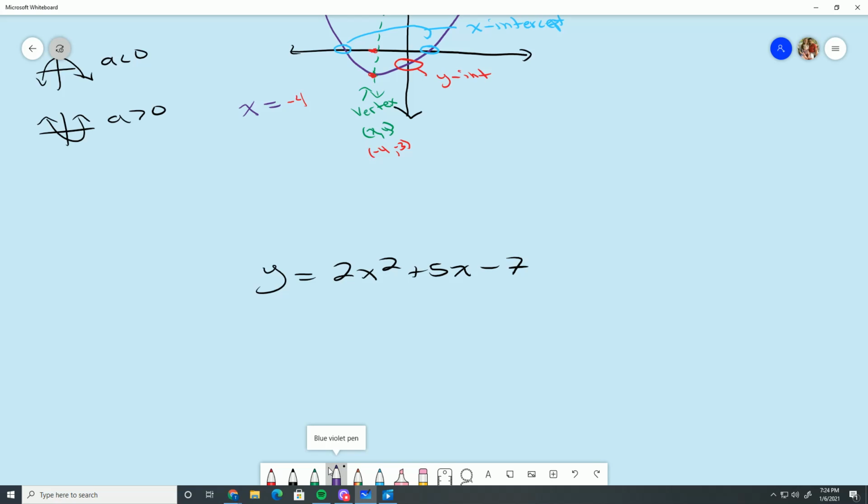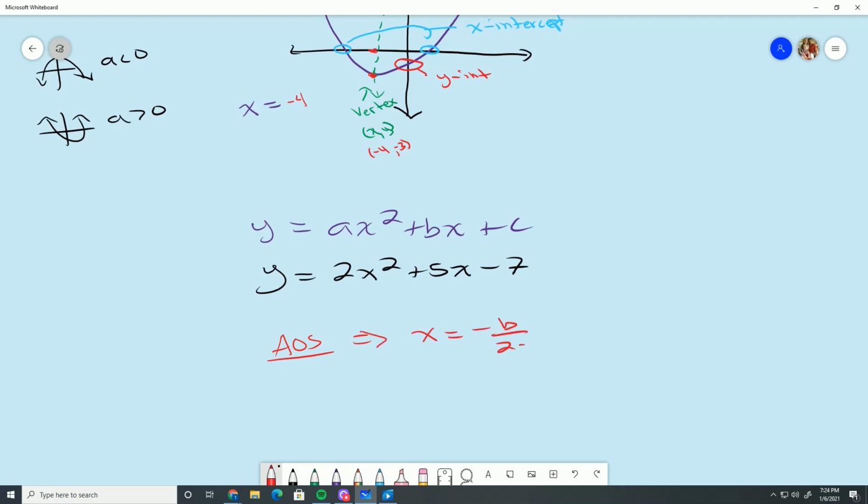In other words, standard form is y equals ax squared plus bx plus c. So if I ask you, for example, to find the axis of symmetry of what's written in black here, y equals 2x squared plus 5x minus 7, well, the AOS, the axis of symmetry, can be thought of as x equals negative b over 2a. Well, in order to do that, you've got to actually find a and b.